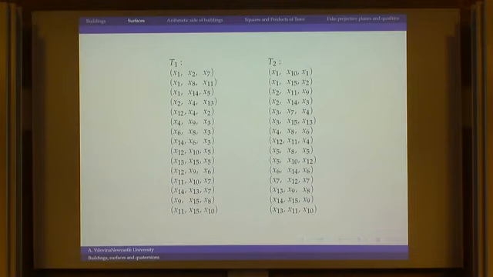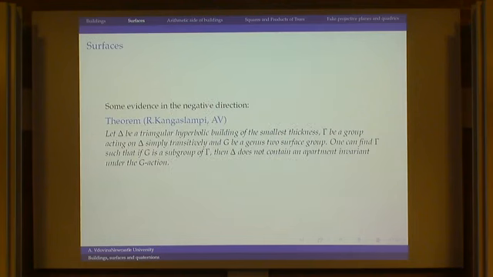And also for some of them, we don't know if they contain surface groups or not. Of course, the general belief is that they should, right? We have discussed this with various people, but still, at least they don't have obvious surface groups. And amongst those 23 groups, we have some kind of evidence in the negative direction.